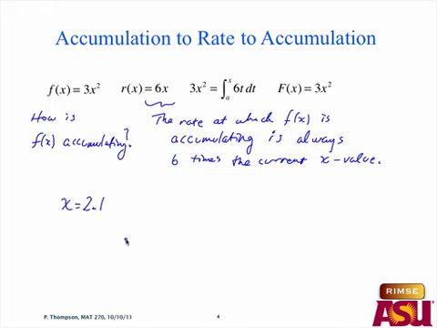what can you say about the nature of the accumulation? Tyler? The rate is 12.6. He says the rate is 12.6. Right, or in other words, r of 2.1 equals 12.6, so we're going to use our x coordinate.